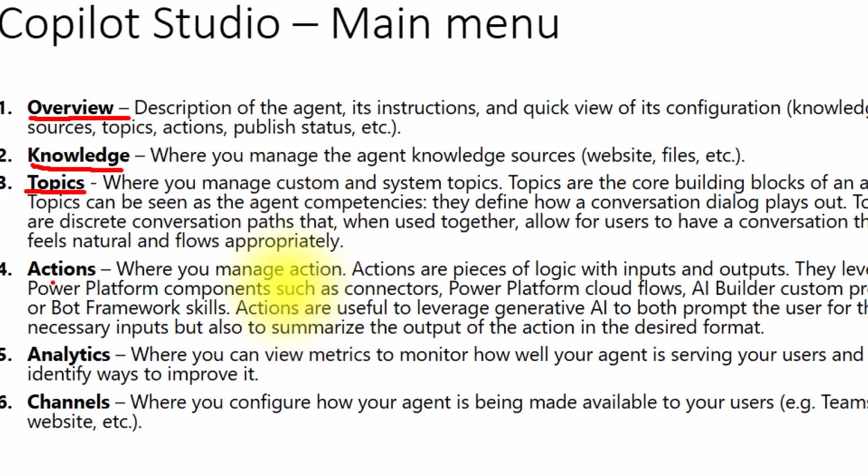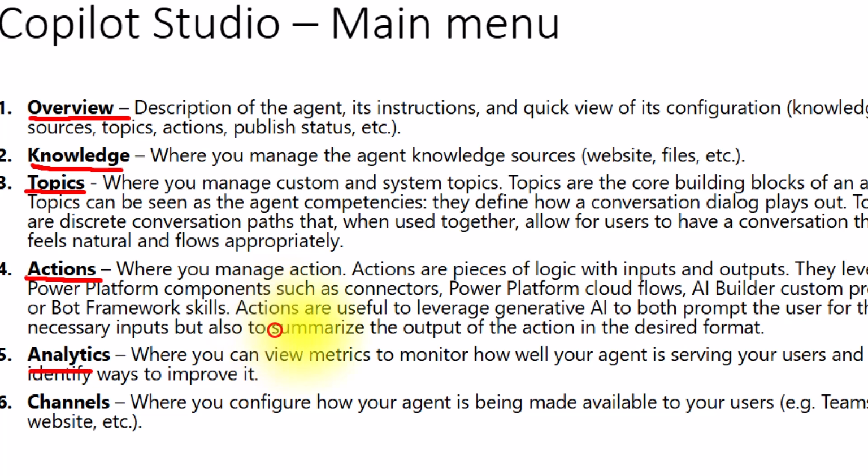Action is what Copilot can do. You can ask Copilot to add new information to your Excel file, for example, and we will be using this one for connecting to the API.